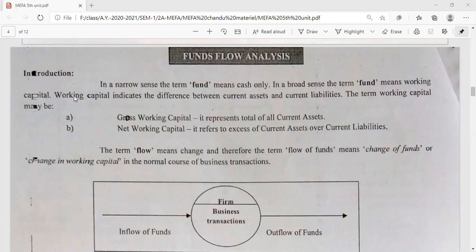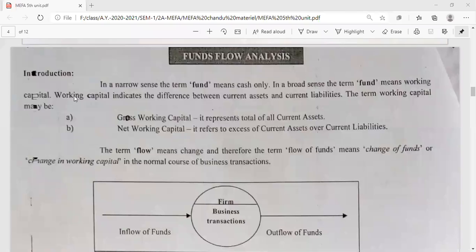The term working capital may generally mean the gross working capital. It represents the total of all the current assets. Okay, gross working capital, and the net working capital refers to the excess of current assets over the current liabilities.